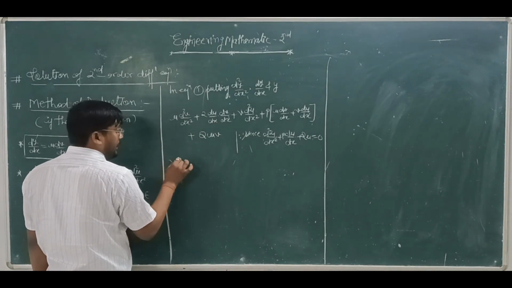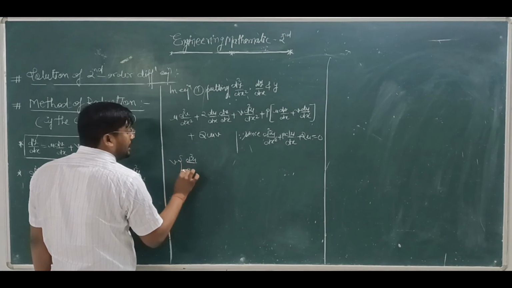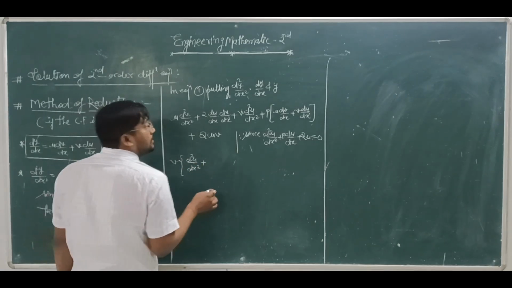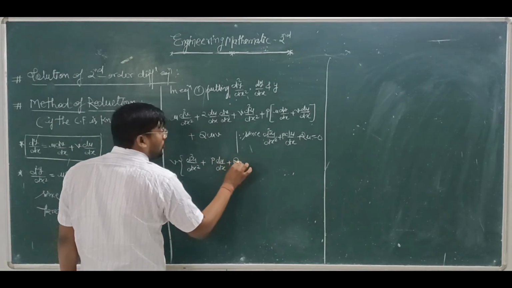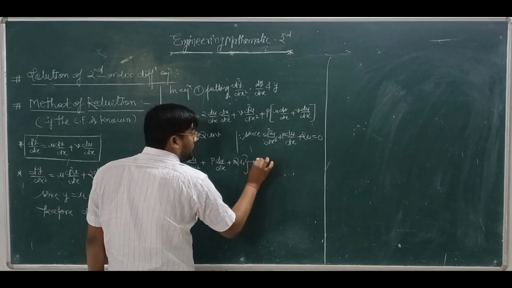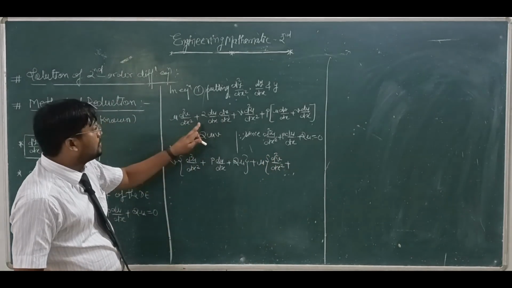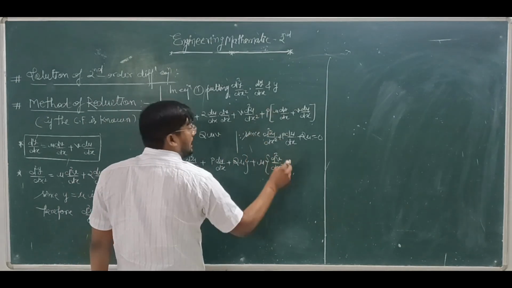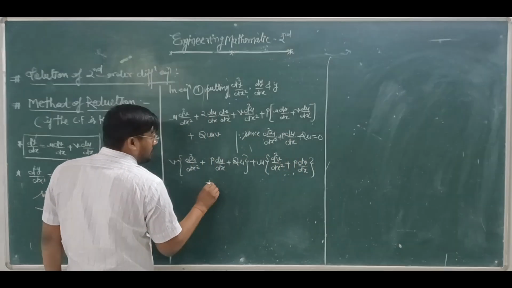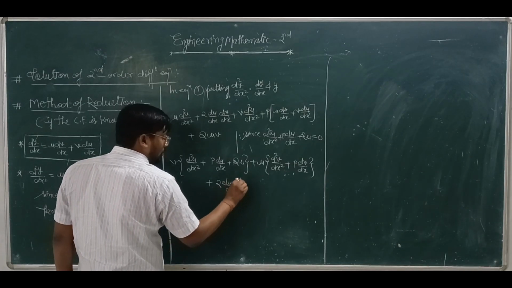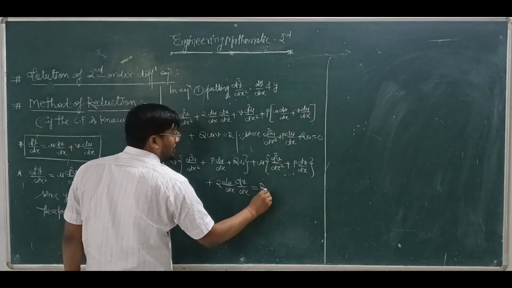Now you can write, first of all common the v, you can write v into d2u of dx2 plus p du of dx plus q u, plus common of u, you can write d2v of dx2 plus p dv of dx plus 2 du of dx into dv of dx is equal to r.